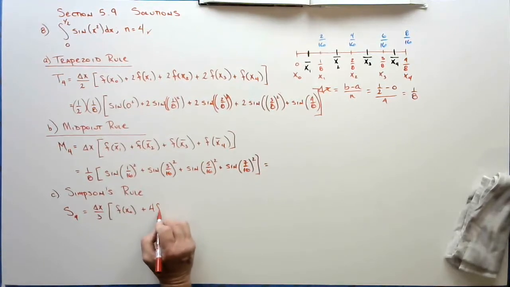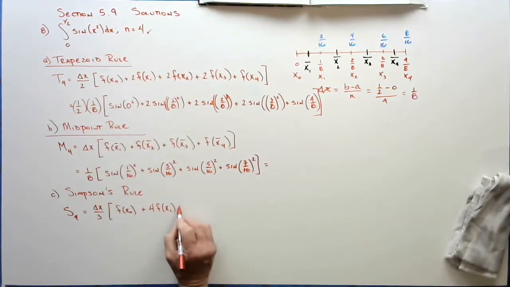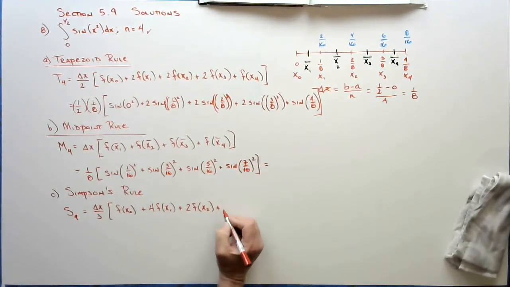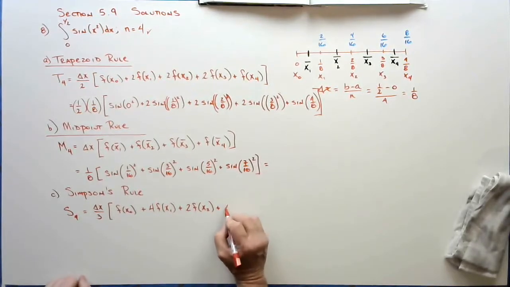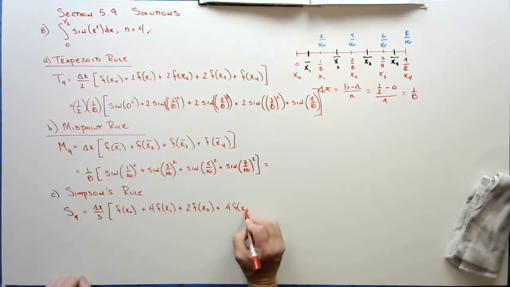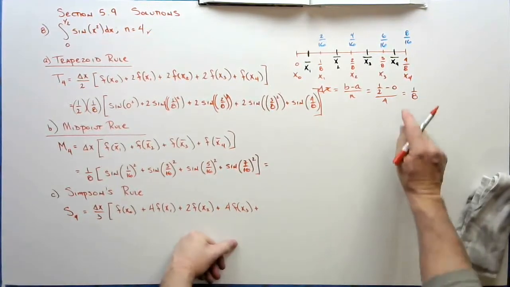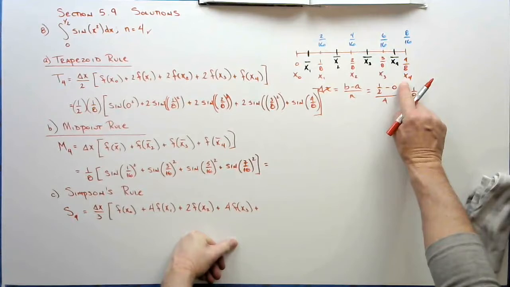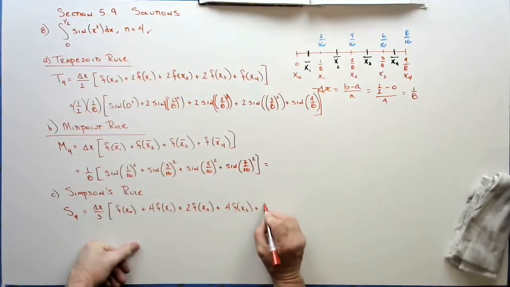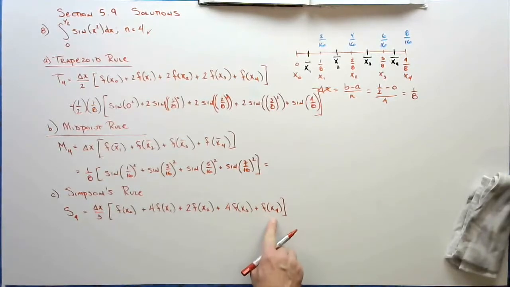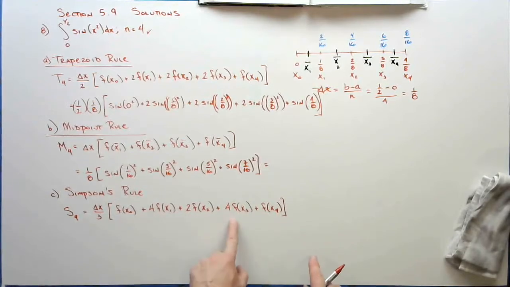So that's going to be 4 times f of x sub 1 plus, and then we alternate on the evens, we multiply by 2. 2 times f of x sub 2 plus, back to an odd, so it's going to be 4 f of x sub 3 plus, and then our last one is going to be plus f of x sub 4. It is even, but we don't put a 2 here because we go 1, 4, 2, 4, 1.